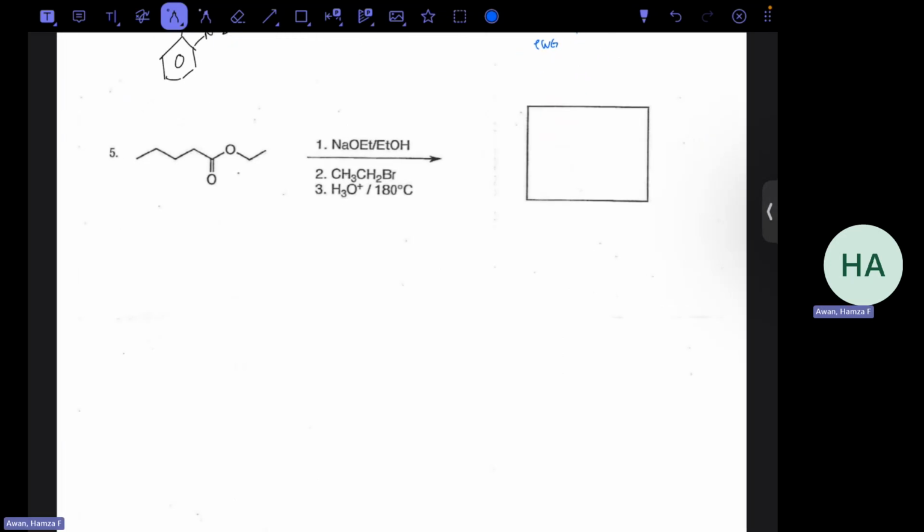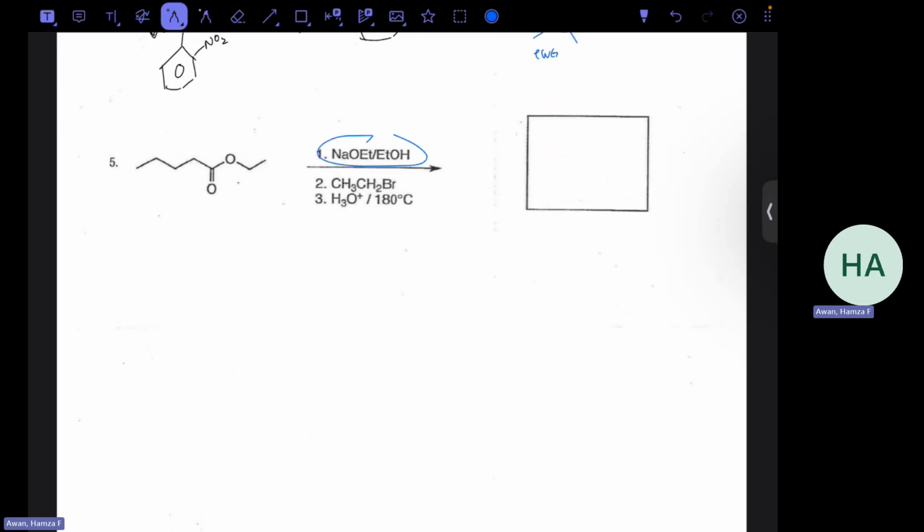So this is going to be, it's not aldol, this is Claisen, okay? So NaOEt, EtOH. This tells you it's either aldol or Claisen. But whenever we have an ester, it's going to be Claisen, right? Whenever we have a ketone, it's going to be aldol. So we're going to choose Claisen.